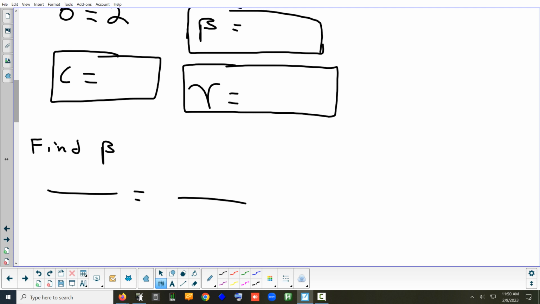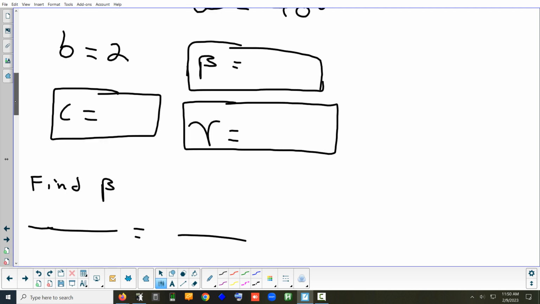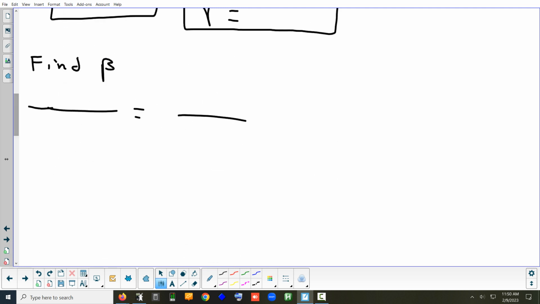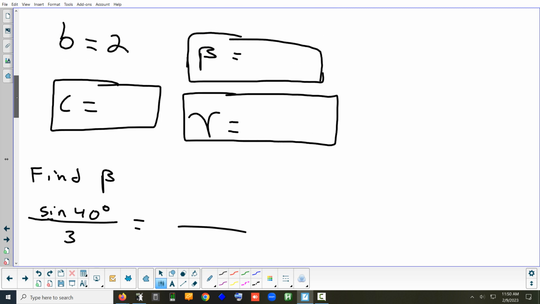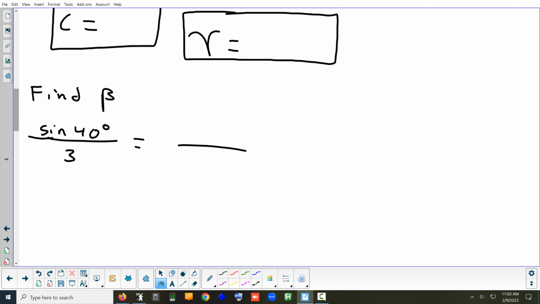And this is different than what we did before because now we're solving for an angle. Okay, what's going to go on the left side? Sine 40 over 3. And on the right? Sine beta over 2. You really don't even need to cross multiply. Just multiply each side by 2.